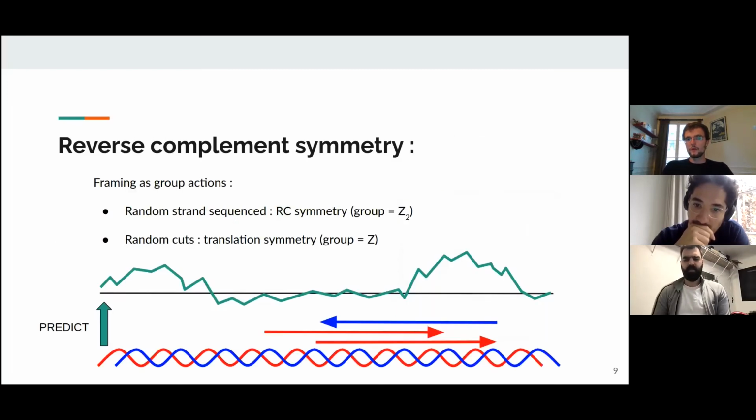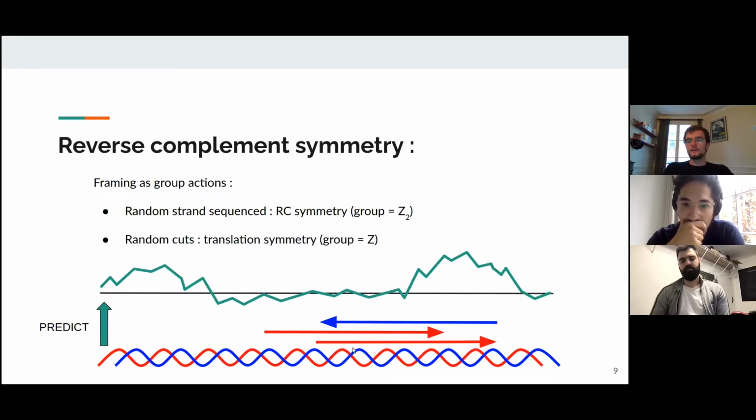Okay, so back to our initial problem. Now we can frame the symmetries that I mentioned earlier as group symmetries. When you translate the arrow by randomly sequencing somewhere in the sequence, you are going to have some kind of overlap.